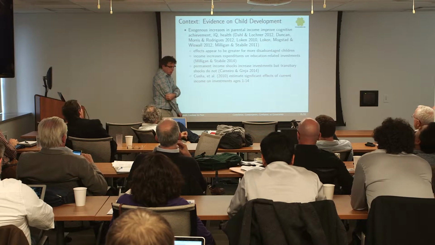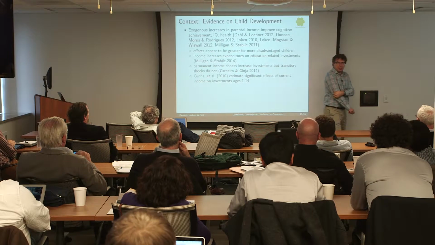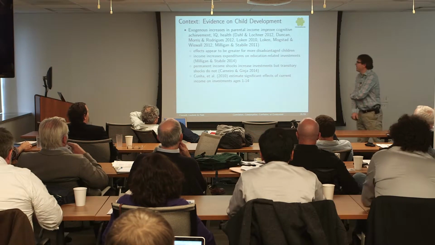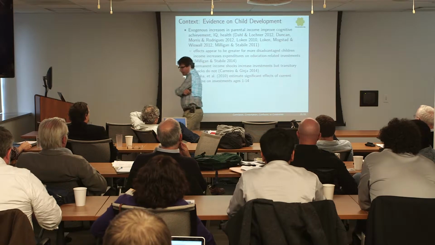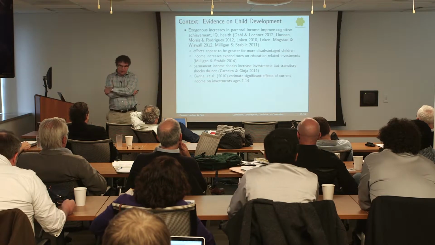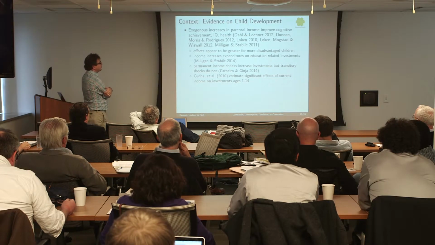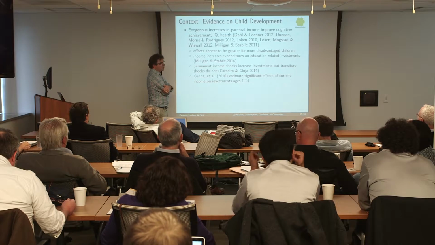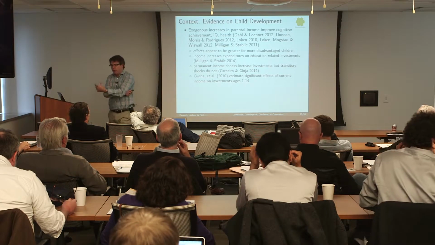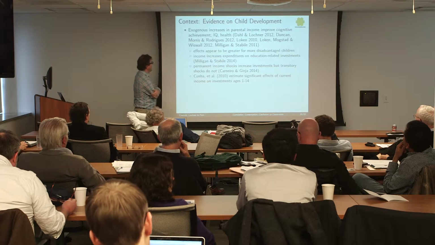I also want to argue that the best evidence out there, by Magne and others, suggests that exogenous increases in income actually improve child outcomes. It's not just a correlation between child outcomes and parental income, but actually changing families' income improves how well children do on test scores.